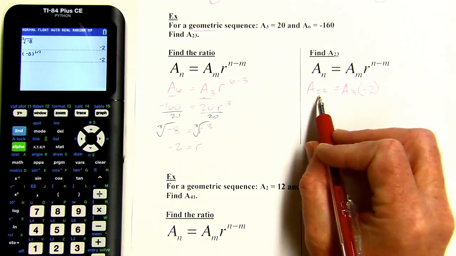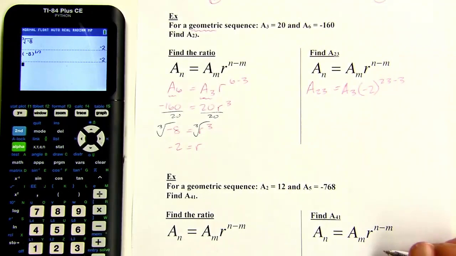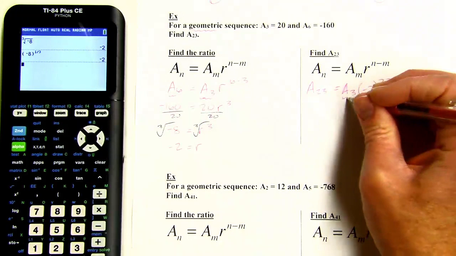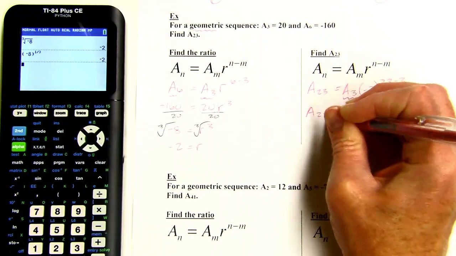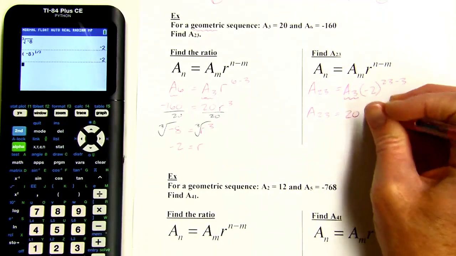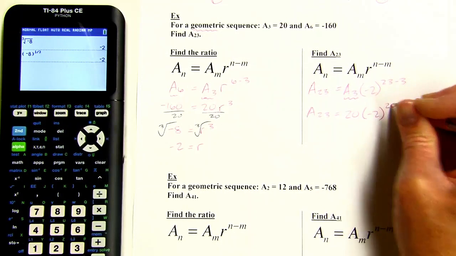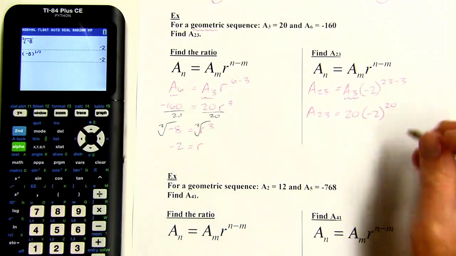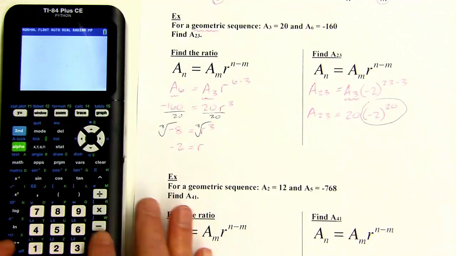And then the subtraction, I'll have 23 minus 3. Then I can plug in the actual value of a sub 3. I don't know a sub 23 yet, that's what I'm trying to figure out, but I know a sub 3 was 20. Then I can simplify the exponent there to 20. And now I'm just going to do this on my calculator. Do exponent before multiplication, we got to follow PEMDAS.